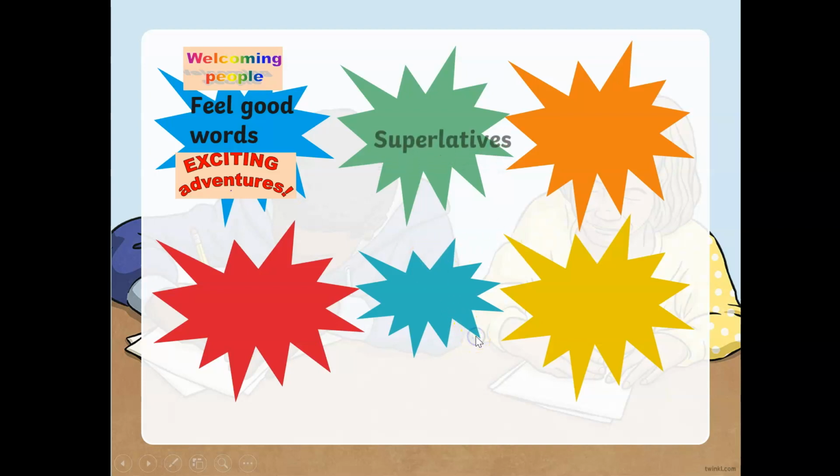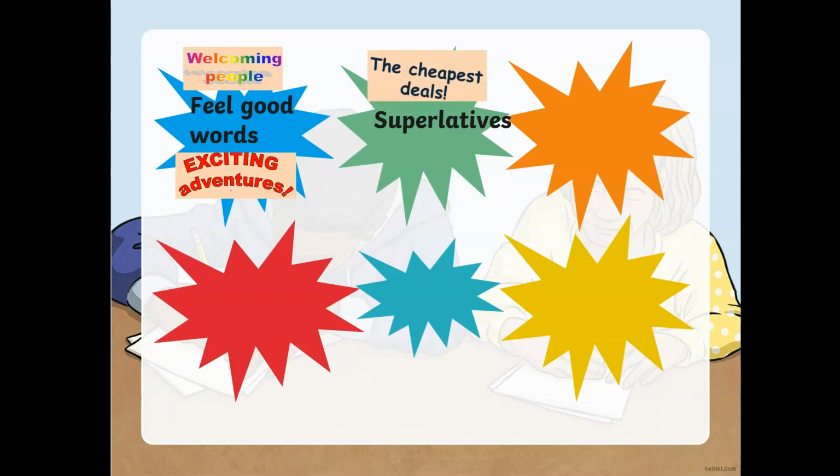Then secondly, we also use a lot of superlatives. Superlatives means the cheapest deal, something where you have to exaggerate and speak as if it's simply the best. These are statements, small phrases, the slogans, the sayings, which they use.